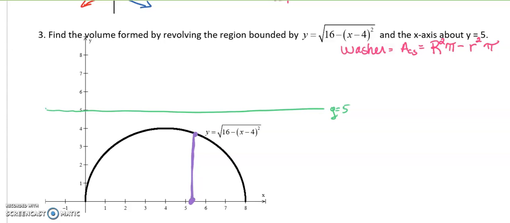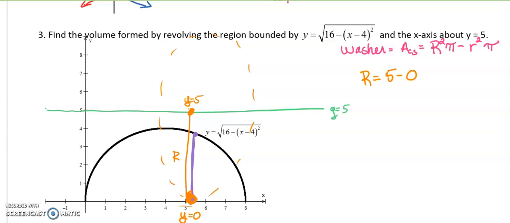To determine big R, I'm going to think about the point in my little sliver that is furthest away from the axis of revolution, and I'm going to think about that rotating around that axis. Now I know I do not make the best circles, but that's okay. So from the axis of revolution to that point furthest away, that is big R. And I have to think who's above and who's below. And so above is y equals 5 and below is y equals 0.